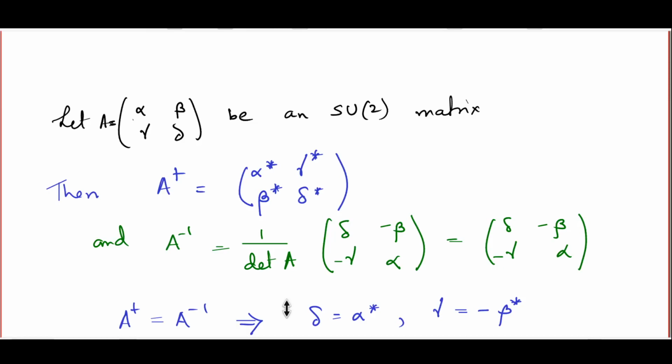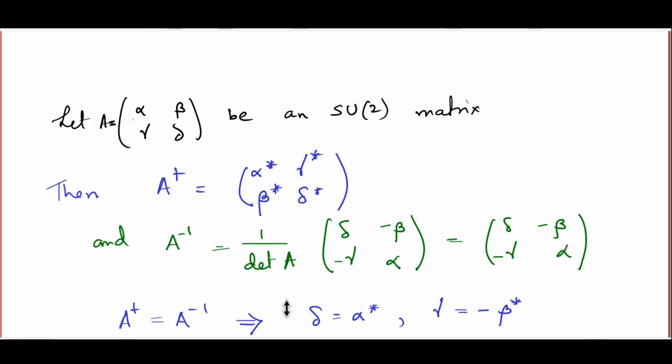But for 2x2 matrices, this happens to be very simple to state and also very useful. Now, in our particular case, we are talking about an SU2 matrix. That means it's a matrix with determinant 1. So, A inverse happens to be simply delta, minus beta, minus gamma, alpha.